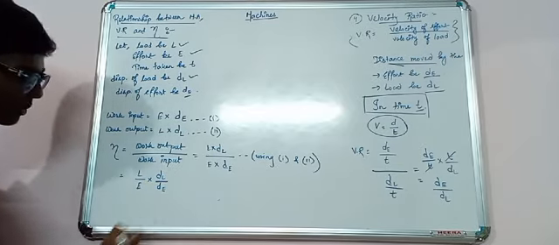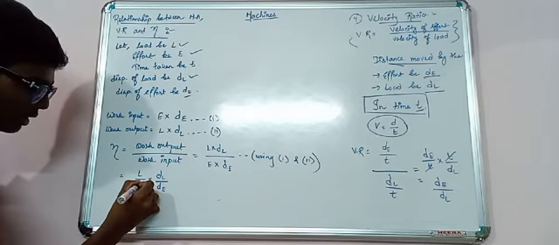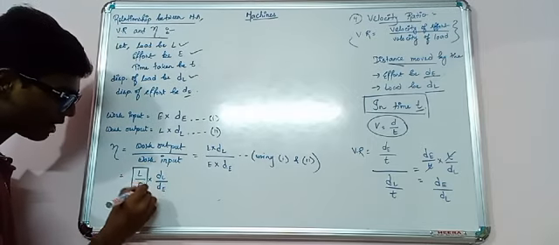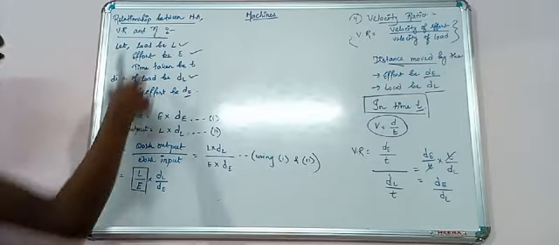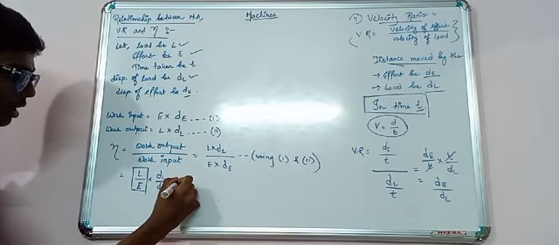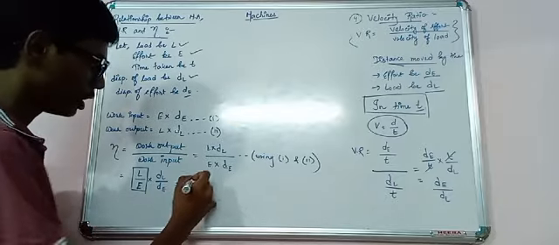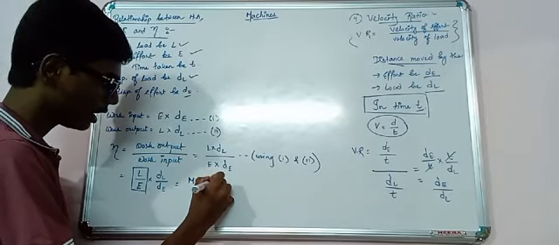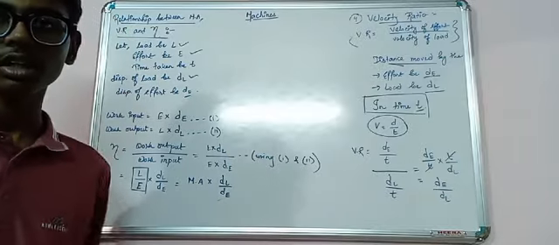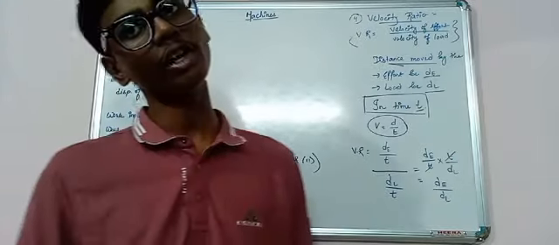We can do this. Now if you observe very carefully, this part, load by effort, is already standing out to be mechanical advantage. So we have already got mechanical advantage: MA into dl by de. So we have got efficiency, we have got mechanical advantage.